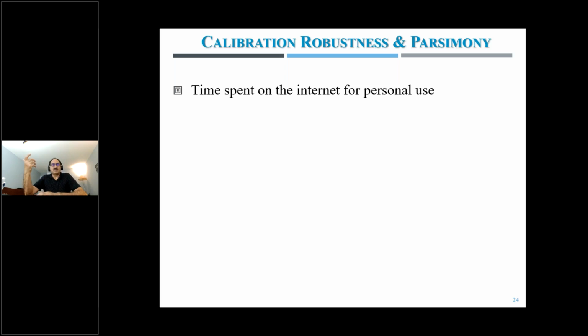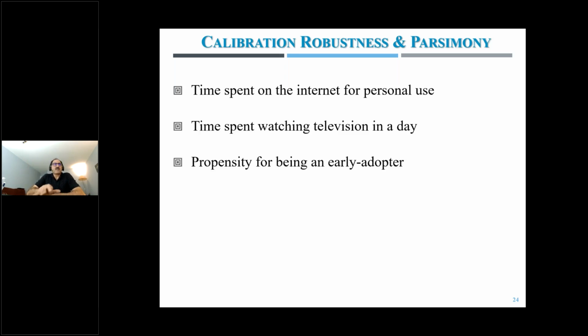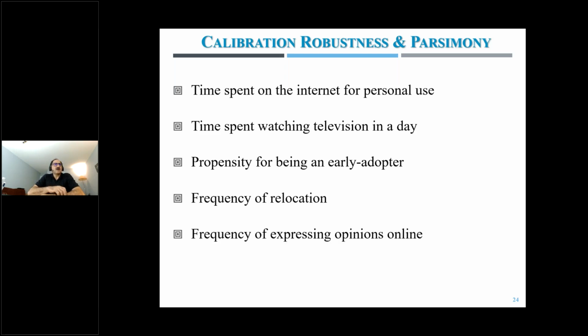Online panel members tend to spend significantly more time on the web for personal use. They spend more time watching TV. They have a higher propensity for being early adopters. They seem to relocate more often. They are more transient. They tend to be more interested in expressing their opinions online.